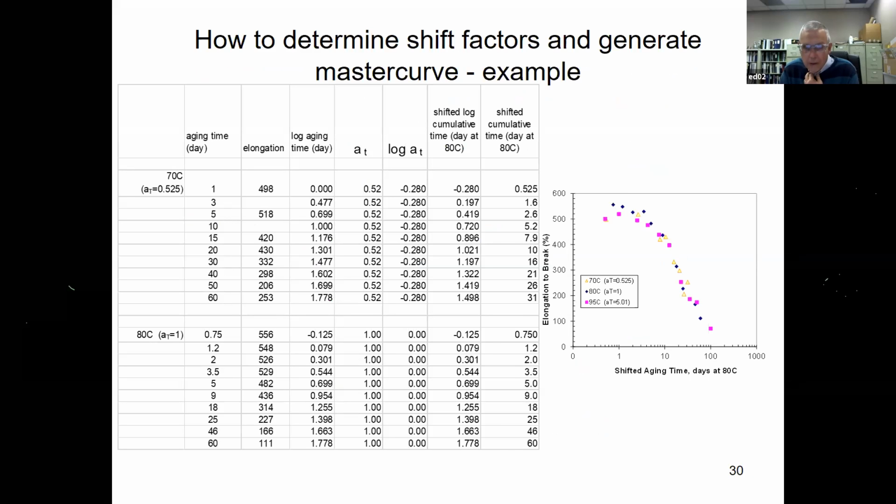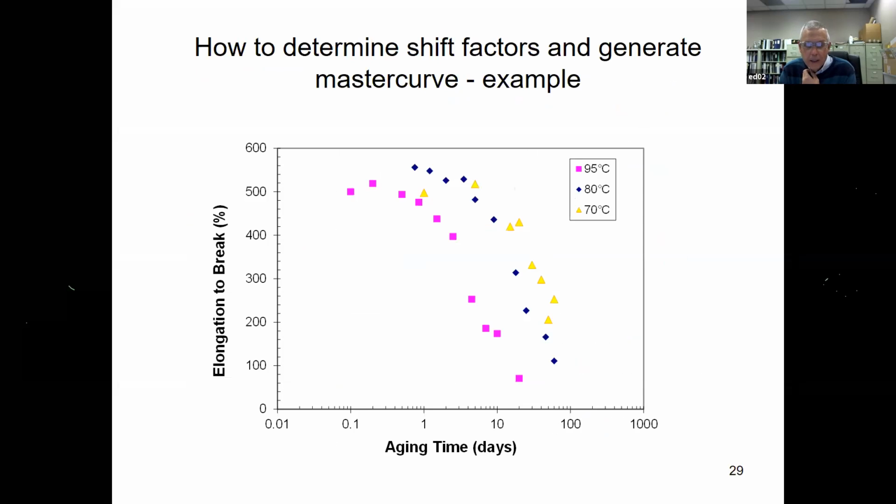Very good question. So let's look at this curve. Here's the 70 degree data, and we want to shift that onto the 80 degree. We're just doing a horizontal shift.